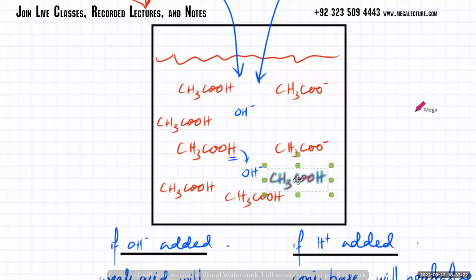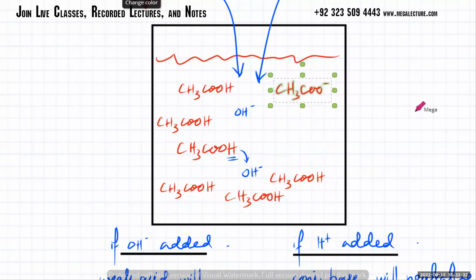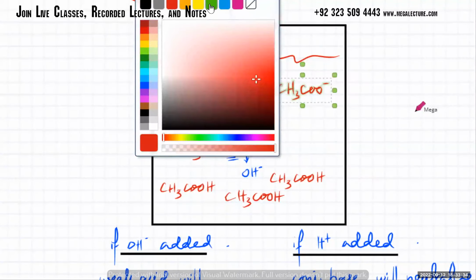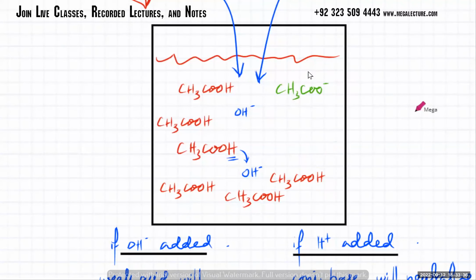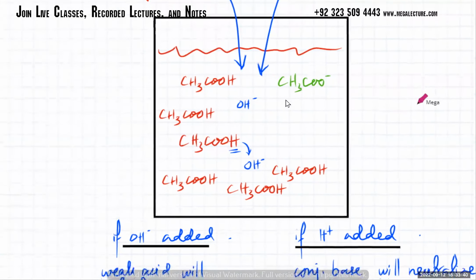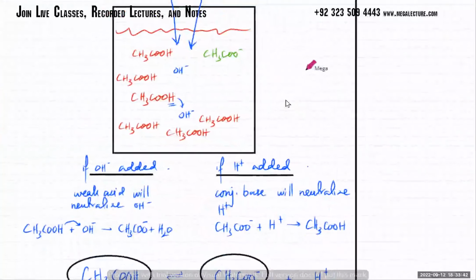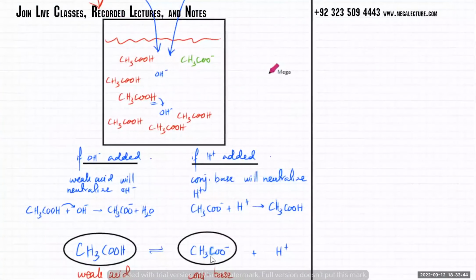And since it's a weak acid, very few ethanoate ions would actually be produced. Let's change their color to green. Their quantity would be very small. So that creates a disbalance, because we need ethanoate ions and we also need ethanoic acid.